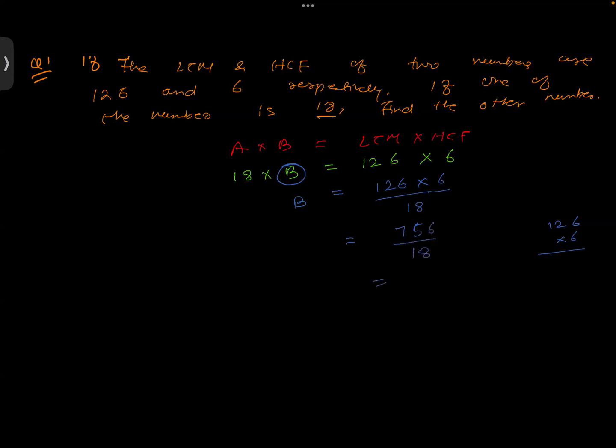Then divide this. So 18 fours are 72, right? And 18 twos are 36. So 18 times 42 gives you 756. Do the division yourself.